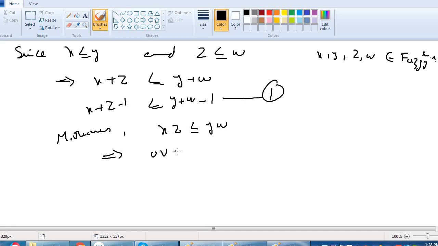We can write 0 union xz is less than or equal to 0 union yw. Since a is greater than minus 1, 0 union axz is less than or equal to 0 union ayw.